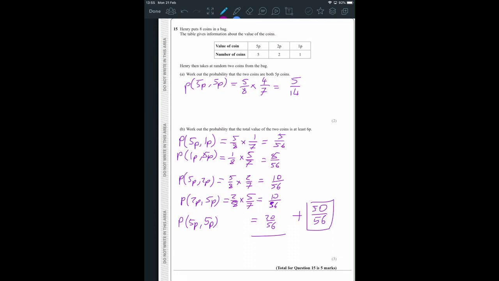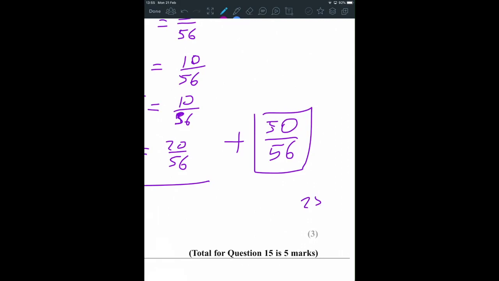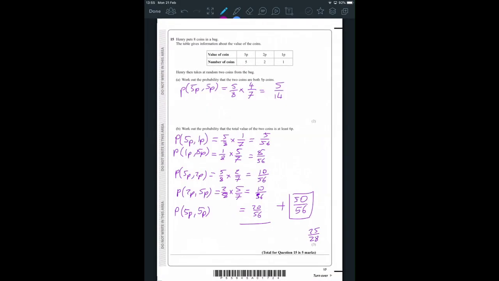Let's simplify that a little. 25 over 28. Am I surprised that that number's so close to 1? Not really. There are a lot of 5p's and very few of the others. On reflection, it might have been easier to find the probability of being less than 6p, and then doing 1 take away that probability. There would have been fewer choices to deal with in that case.